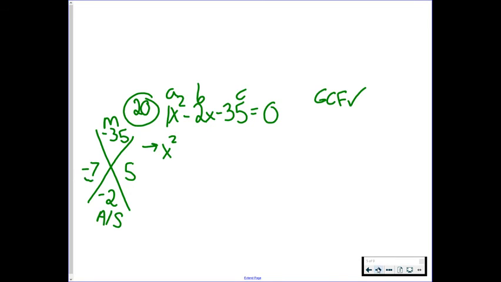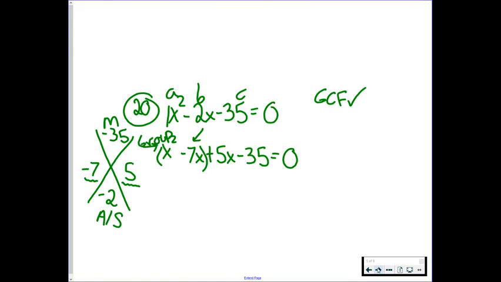X squared, using these two factors, I'm going to rewrite negative 2x as negative 7x plus 5x minus 35 equals 0. There are 4 terms here, which means we can factor by grouping.